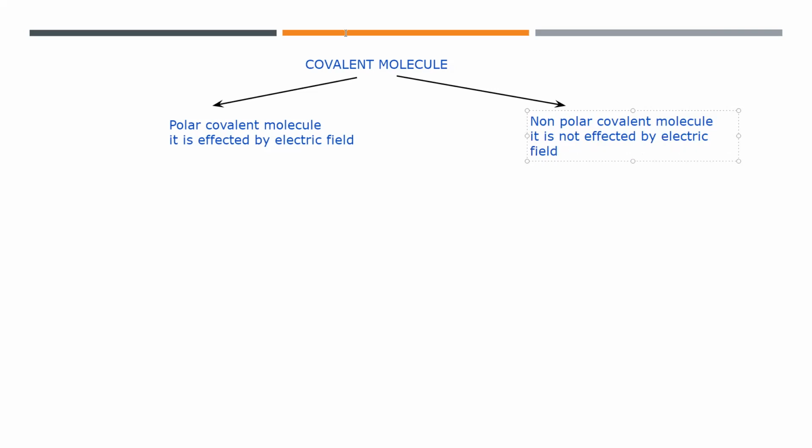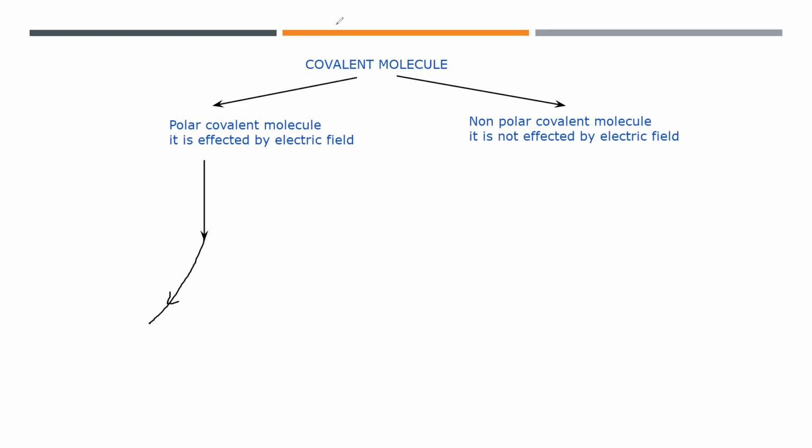Say, if we have a stream of covalent molecules which are polar. If they're moving through electric field, what we observe is their deflection. So they're deflected in electric field. If they're deflected in electric field, we call that polar.